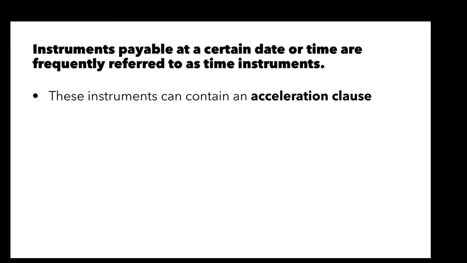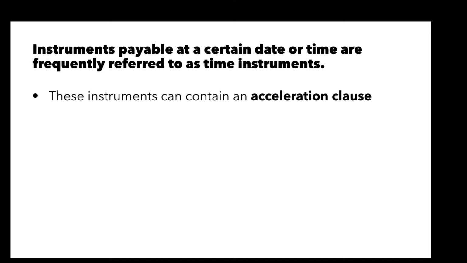Remember, instruments that are payable at a certain date and time rather than being payable on demand are often referred to as time instruments. Time instruments can have a non-fixed amount of time through what is called an acceleration clause.